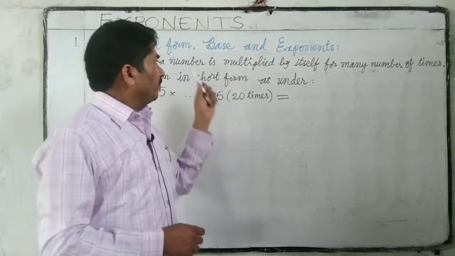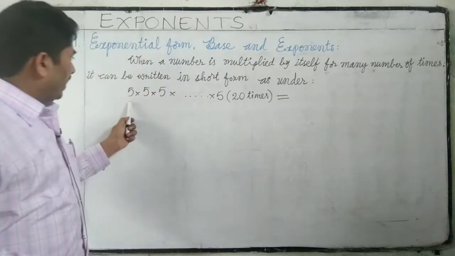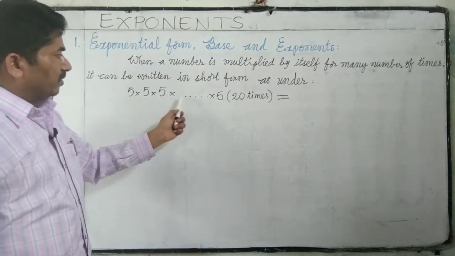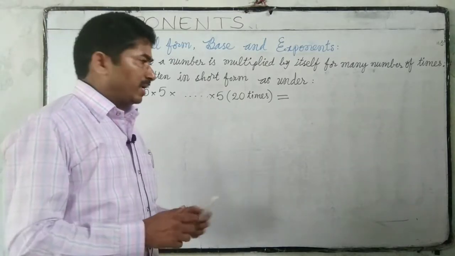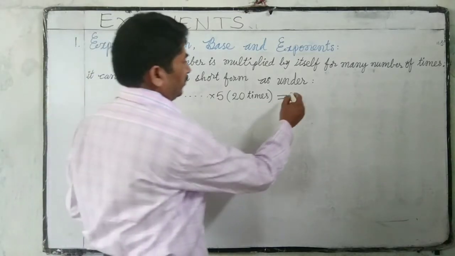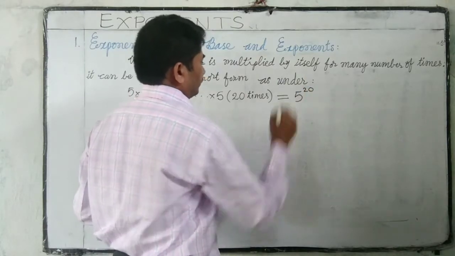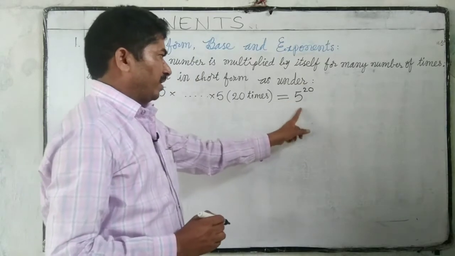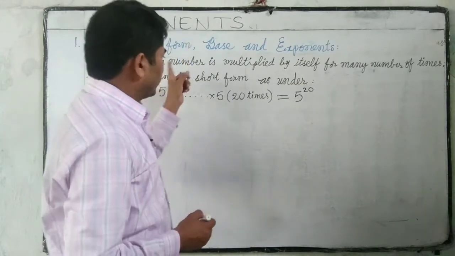That is called exponential form. As under 5 into 5 into 5 into up to 5, 20 times, it can be written in short as 5 to the power of 20. So this short form 5 to the power of 20 is called exponential form.